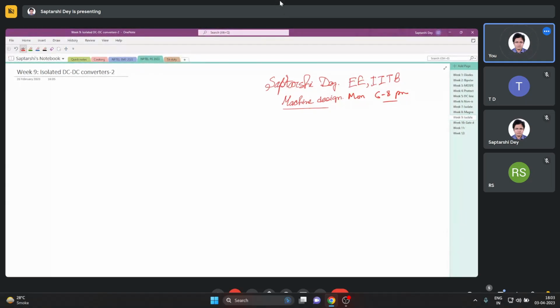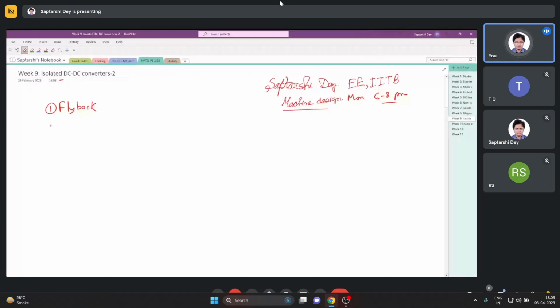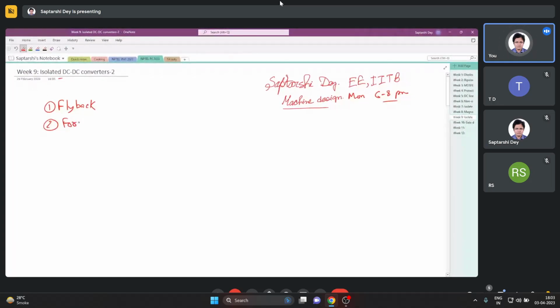So this week, as you can see, I've written here is the isolated DC-DC converters, second week. Last week we had another session for isolated DC-DC converters where we studied flyback and forward converters.